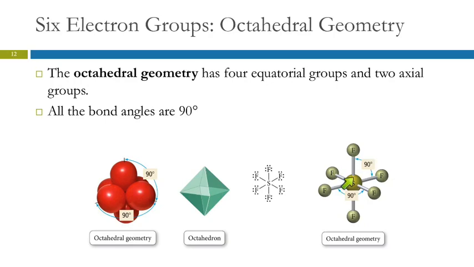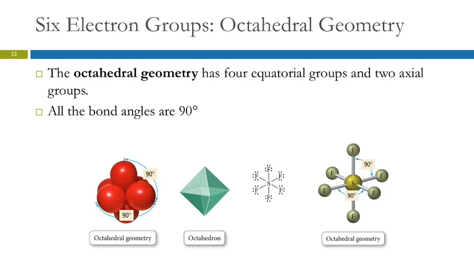So you could still think of axial and equatorial, except they're all the same, so you don't really need to. In my balloon model here, I've got the little girl wearing red with a white tutu. But now it doesn't really matter because the bond angles are all 90 degrees. So that's an octahedral geometry, something like sulfur hexafluoride, 6 groups.